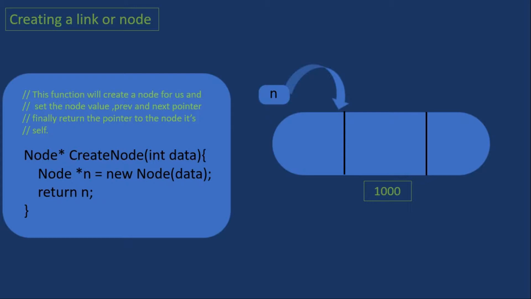Then we create a node pointer n, which will hold the location returned by the new keyword when it allocates memory for the new node with the data we want to store. And since the node constructor will initialize the data variable to the data we want to store and the next and previous pointers to null, we don't have to do it manually. Finally, we return the pointer to the node, which is the pointer n, and it is equal to 1000 in this case. And we are done with the createNode function.